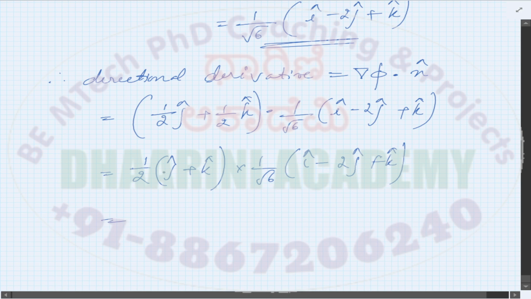So I have to multiply only j and k. So 0, then 1 into minus 2 is minus 2, minus 2 plus 1 is minus 1, whole divided by 2 root 6, is the required answer.